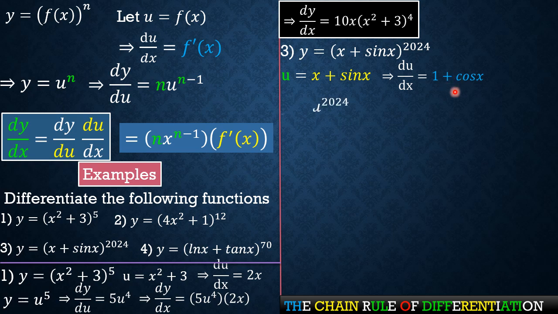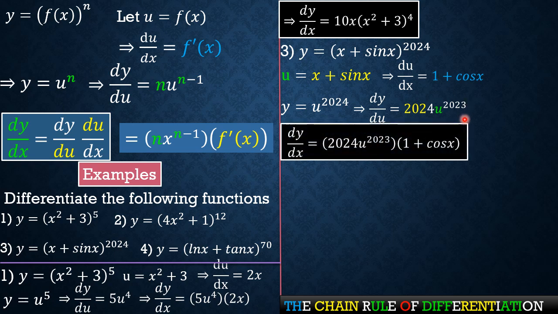Now we have y equals u raised to the power 24, where u is x plus sine x. That implies dy by du becomes, applying the power rule, 24 u raised to the power 24 minus 1, which is 23.